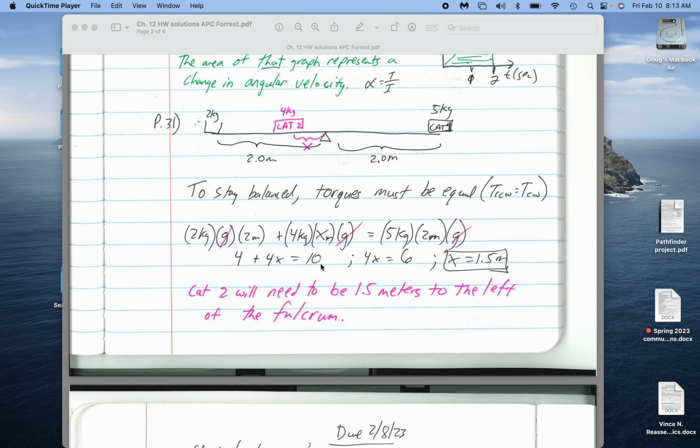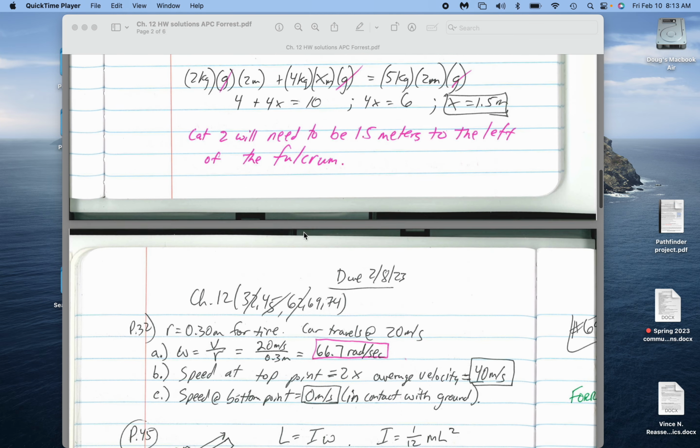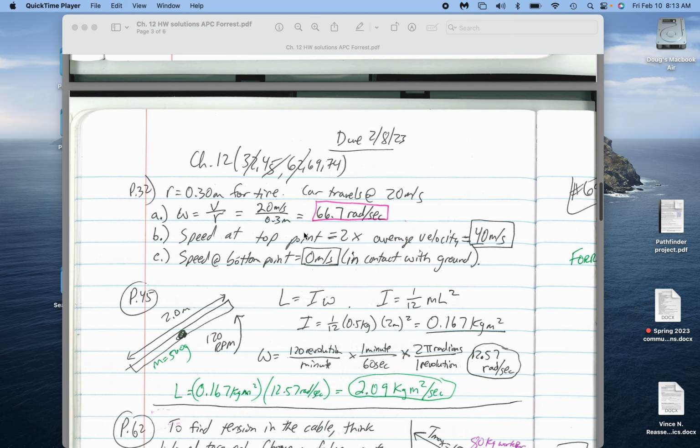So I get 4 plus 4x equals 10. I get that this cat would be 1.5 meters from the center. So it would actually end up being 0.5 meters from the end here. Yep, that makes sense.